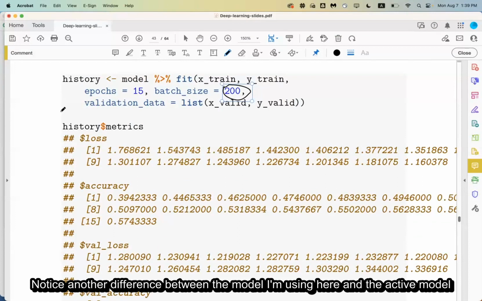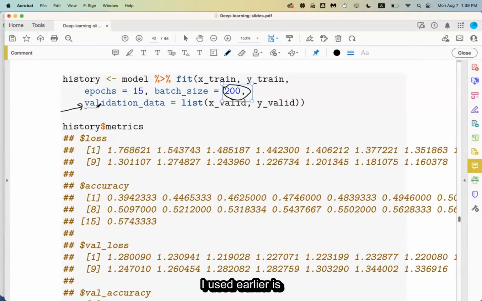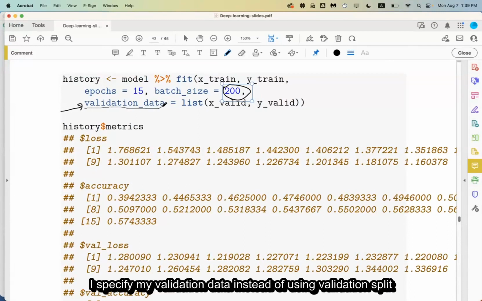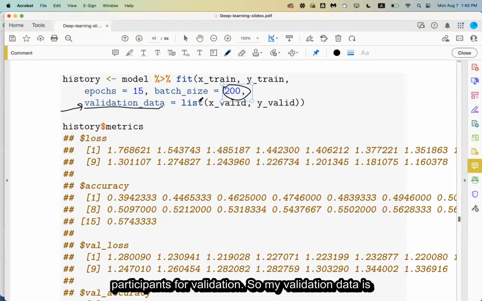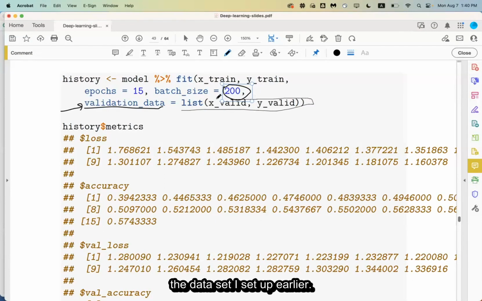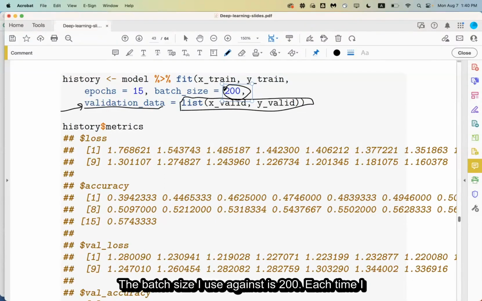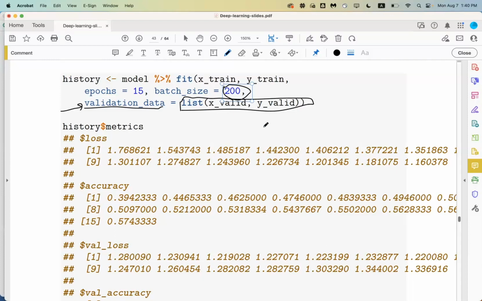Notice another difference between the model I'm using here and the earlier model I used is that I specify my validation data, instead of using validation split to randomly choose the participants for validation. So my validation data is a data set I set up earlier. The batch size I used again is 200. Each time I input 200 text data to the model.